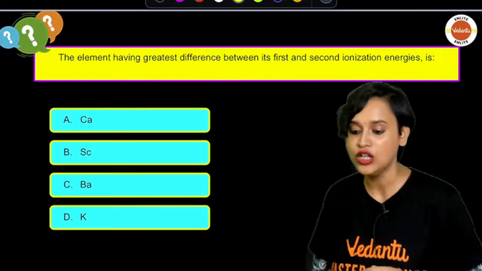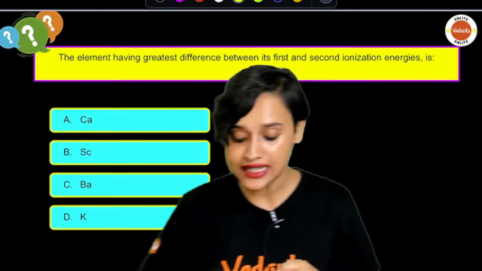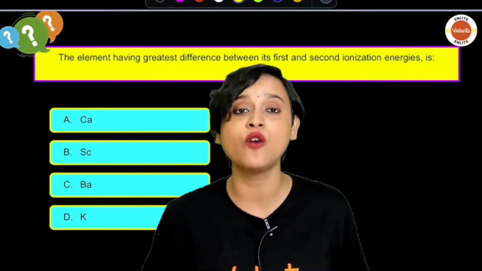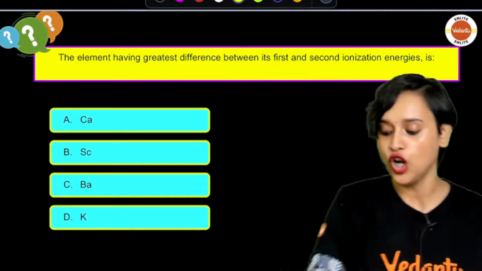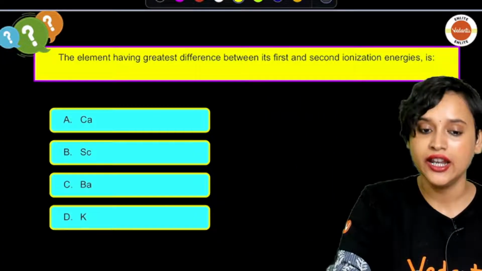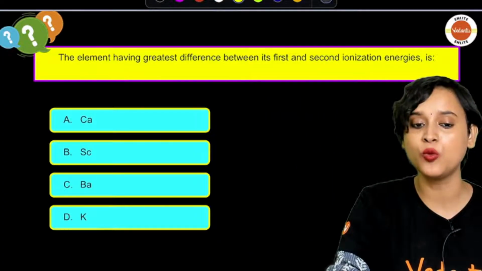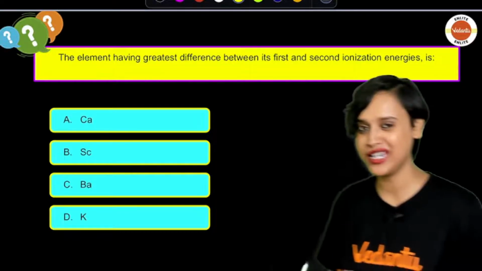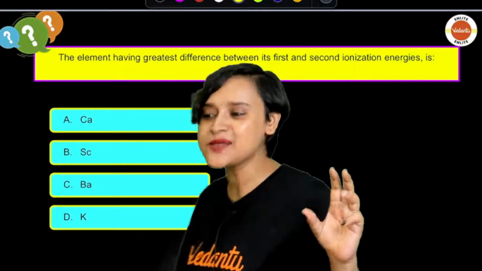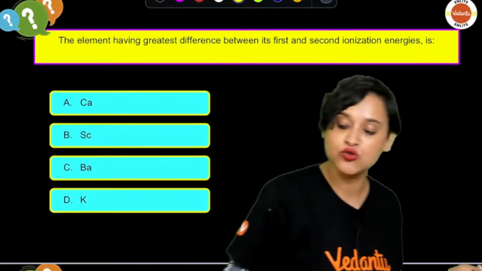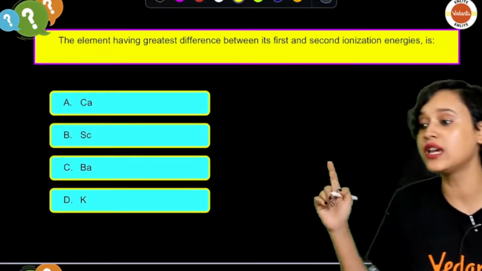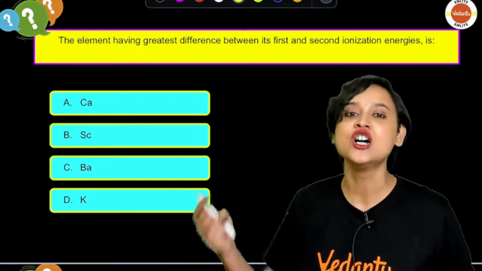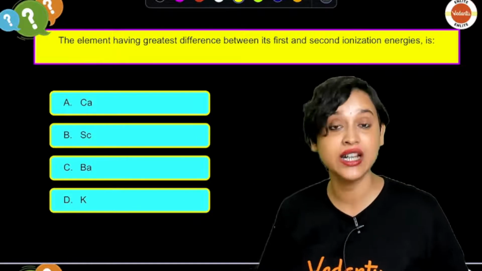Tell me now. The element having the greatest difference between its first and second ionization energy will obviously be from group 1, isn't it? It will have to be from group 1. And it should also have a small size. It cannot be too big, because ionization energy will always be smaller when it is bigger in size.